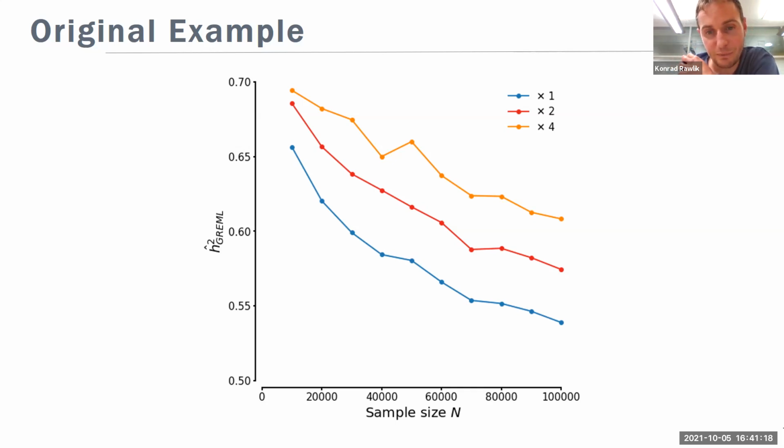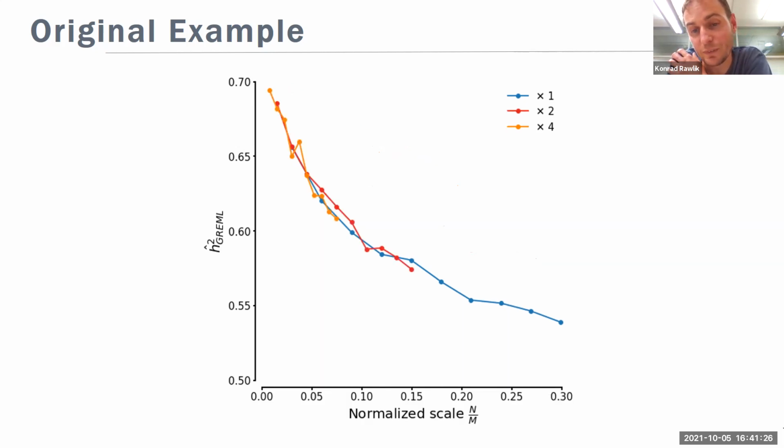I can very simply visualize that by plotting the same data not as a function of sample size, but as a function of the ratio of sample size to number of markers in the model. And you can see that essentially all three models estimate the same thing for the same ratio.